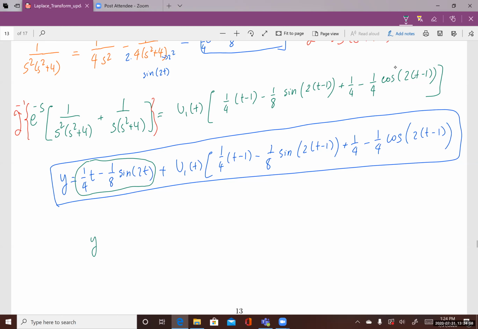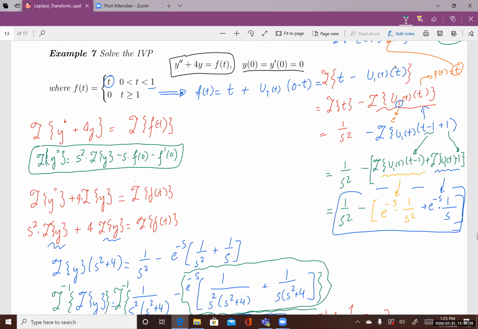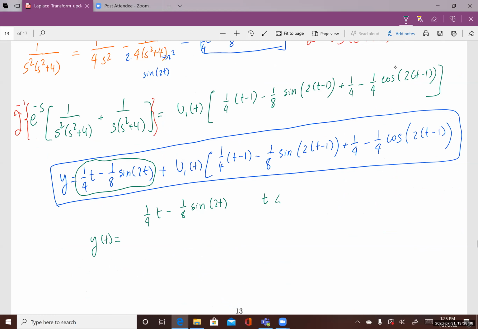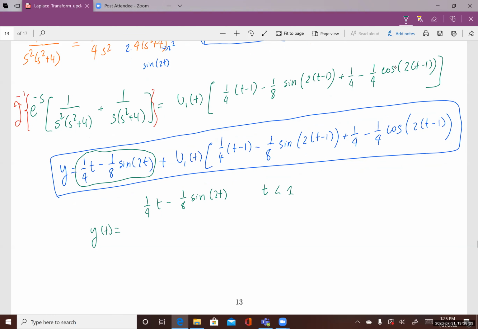That means y(t) equals these functions, for t is less than 1, because 1 is the first unit step. And then what is the next function when t is greater than or equal to 1?